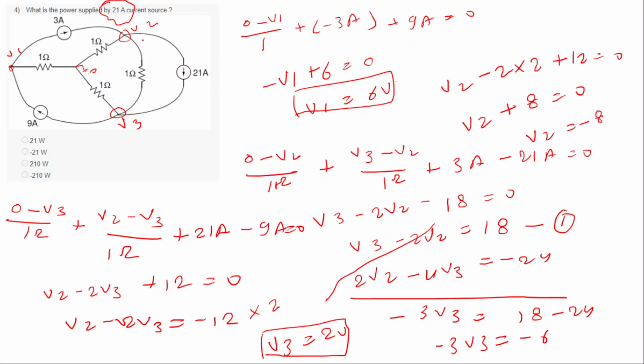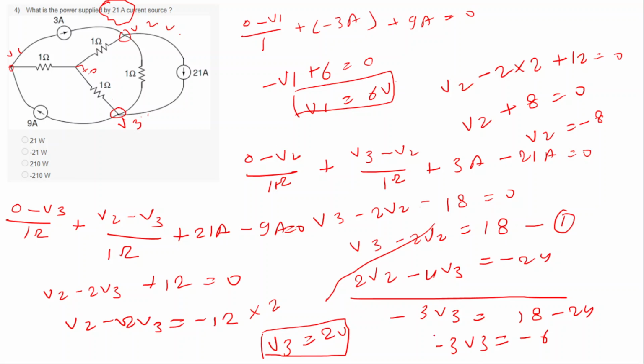Now, what is the power supplied? This potential is higher and this potential is lower, so higher minus lower.